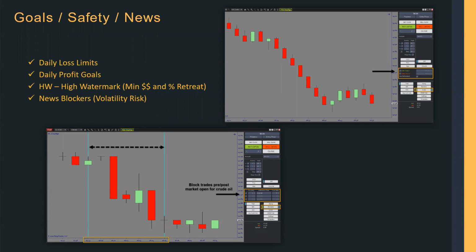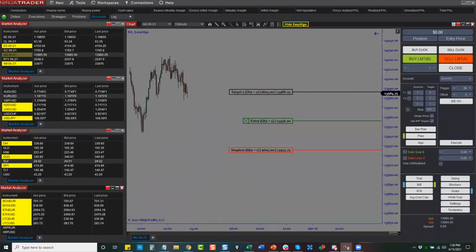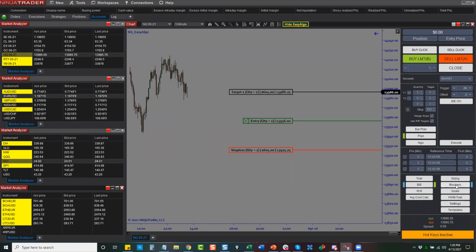I'm not perfect, but you can prevent yourself from trading into opens, closes, and news announcements by setting the time windows. So every morning when you come in and you know the news that's coming in, let's say I know that I have a problem trading into the market open. Well, I can go in here and set the blockers. There's a blockers section in here, and I can go in and set the time pre and post by 3.